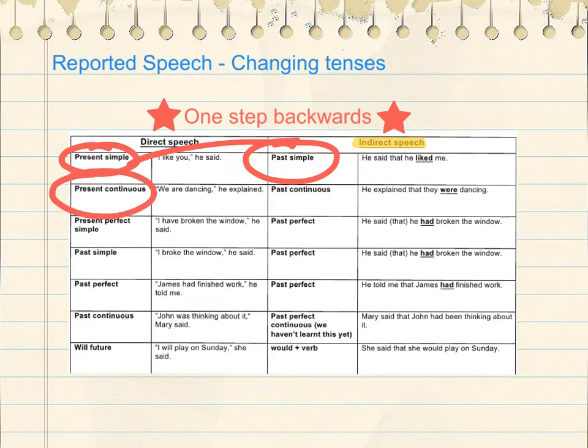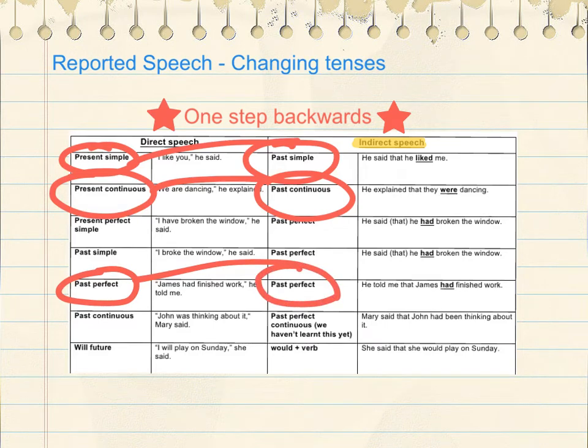The present continuous becomes the past continuous. There is, however, one tense that doesn't change, and that's the past perfect, because the past perfect is already so far in the past that we can't go any further back. It stays that way.